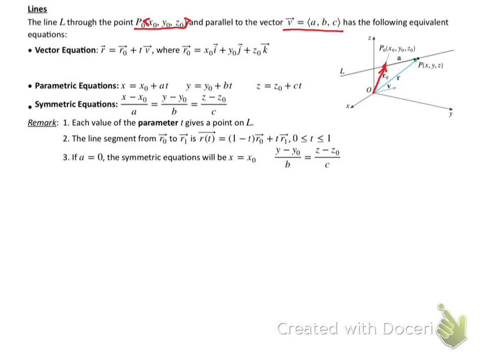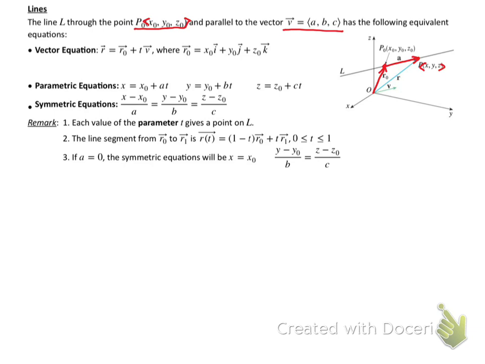Then every point on our line L is pretty much, you start from that P0, then you go along the line. You stop anywhere. So you go along the direction V, and then this point that you are on, x, y, z, will also be a vector.